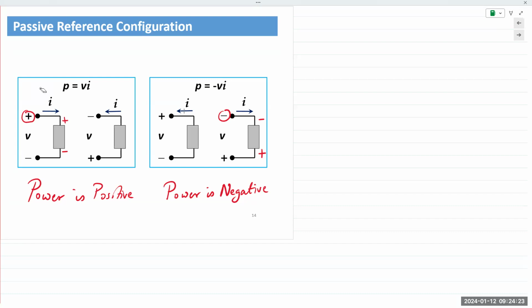Make sense? Let's look at images B and C. Here we see that the current is leaving the negative terminal. If it's leaving the negative terminal, I would simply extend that arrow. You extend it, and you can see that it is entering the positive terminal. So power is positive.